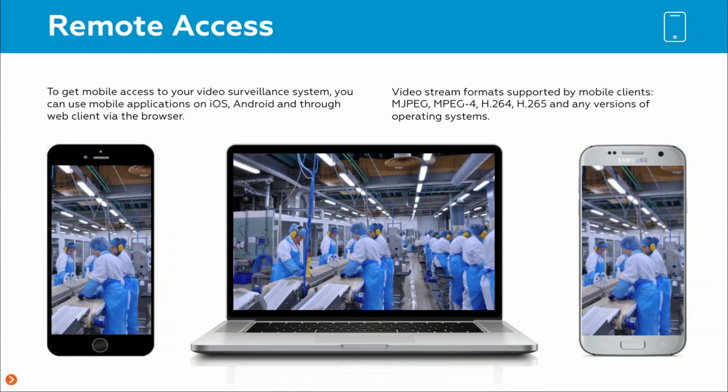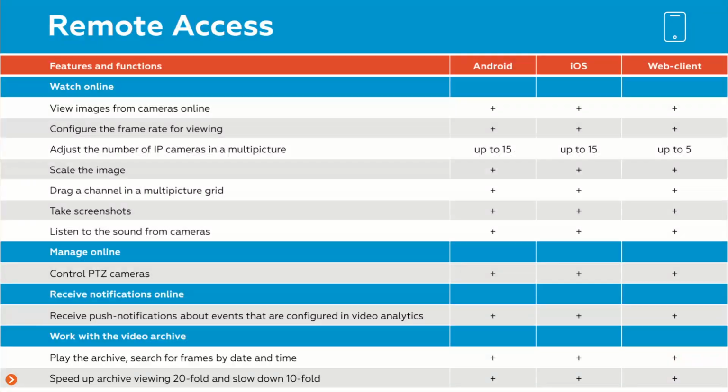You can do it in three ways: using an Android or iOS phone or tablet, and also you can access your CCTV system with a web client, which will allow you to view the images online, to view the recorded archive, to take screenshots, receive notifications on your phone or web client, control PTZ cameras, and do a lot of stuff just from your house.